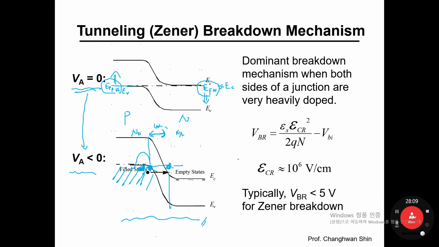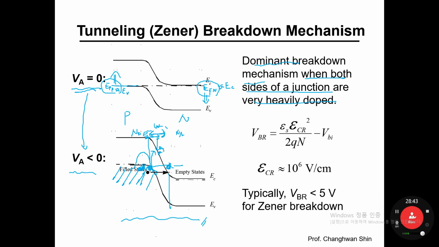All right. So as described here, when both sides of a junction are very heavily doped, the dominant breakdown mechanism is not the avalanche breakdown mechanism, but the tunneling breakdown mechanism, or people are naming it the Zener breakdown mechanism. So previously I said once the electron has been injected into the depletion layer, it would lose too much kinetic energy, so it would induce one more electron.